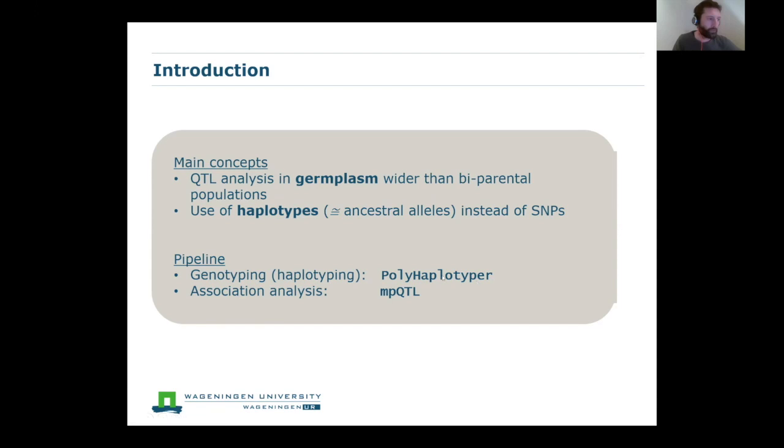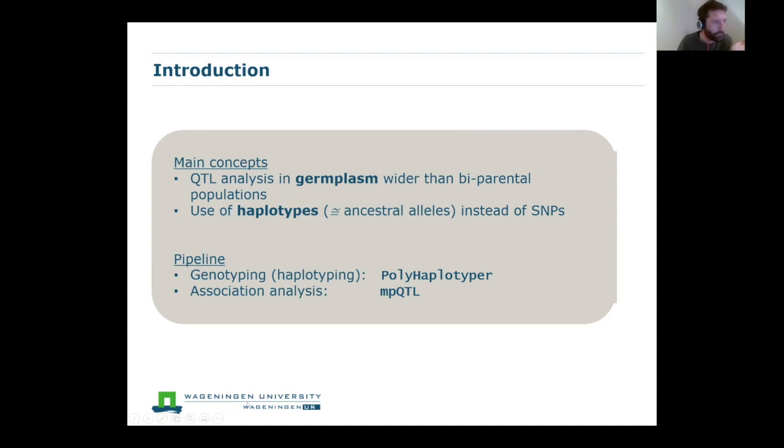Roland Wurips developed it, and tomorrow I think he will give a demonstration on Polyploids. Polyploids is inferring some local haplotypes, and then these haplotypes can be used in mpQTL, which is actually just performing association analysis of phenotypes and genotypes.